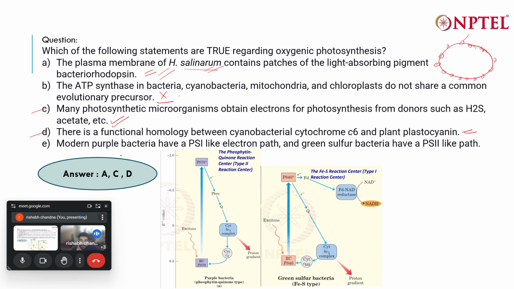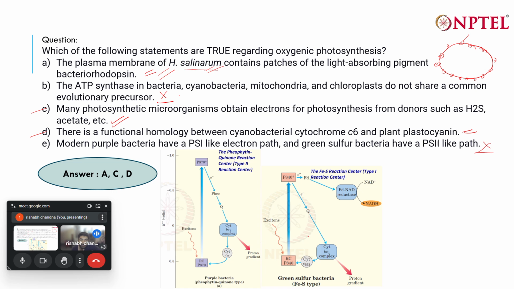Then we have modern purple bacteria have a PS1-like electron path, and the green sulfur bacteria have a PS2-like path. So this is the cycle for the purple bacteria, in which there is a pheophytin-quinone reaction center, that is the type 2 reaction center, not type 1. So this option is also false.